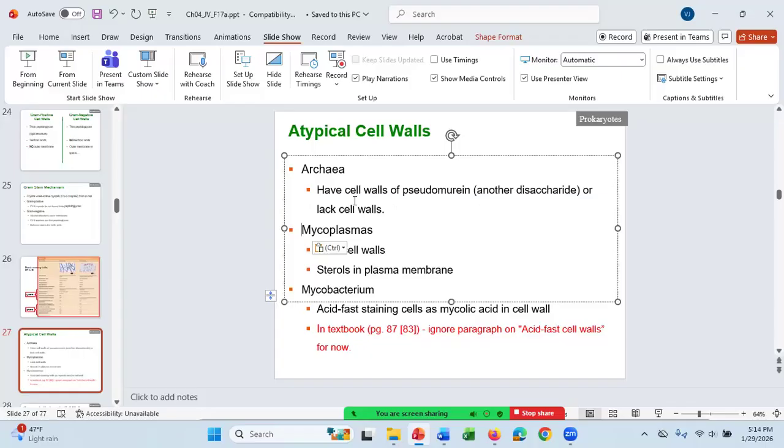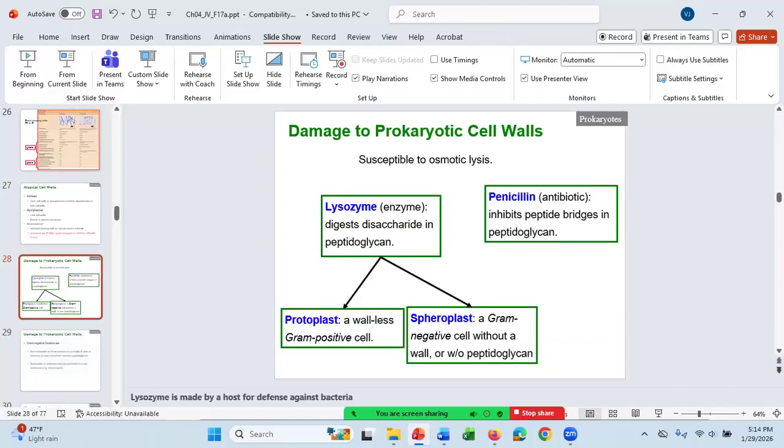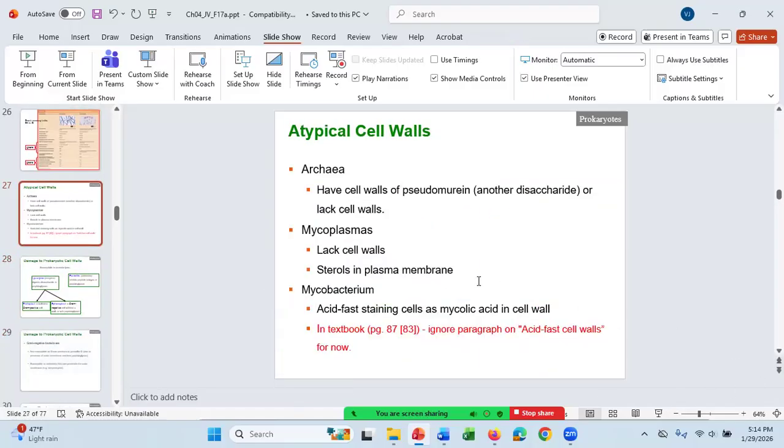All right. In the bacteria, there are two families which have atypical cell walls. First, there's the mycoplasmas. I've actually talked about them before. The mycoplasmas are bacteria, but they lack a cell wall. They have sterols in the plasma membrane, similar to the sterol in animal cells.